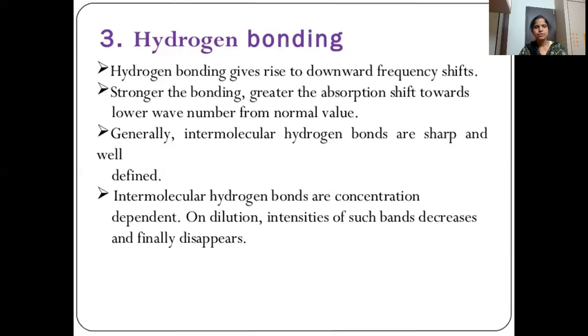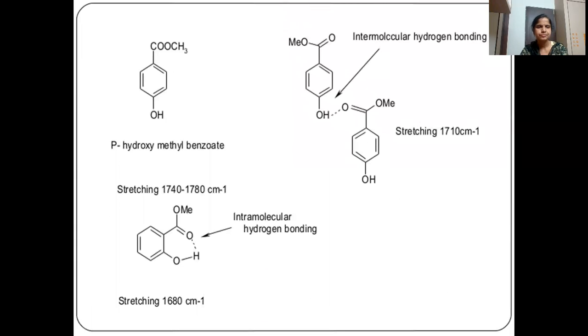So on dilution, if the change in the vibrational frequency is taking place, then that particular molecule is having intermolecular hydrogen bonds. Suppose on dilution there is no change in the vibrational frequency, then we can say that that particular molecule is showing intramolecular hydrogen bonding. So we'll see with an example here.